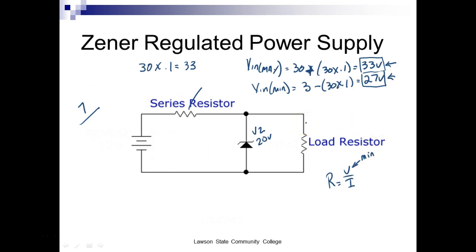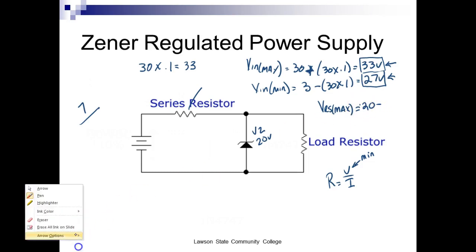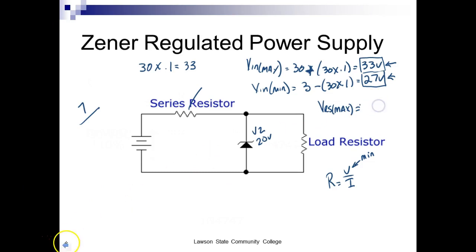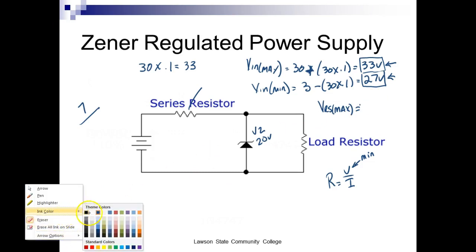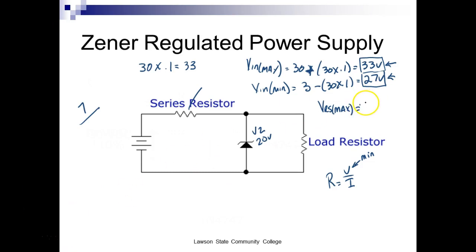But what you've got to understand, so VRS, this is what y'all probably need to do. VRS maximum is going to be equal to what? This is probably another thing you need to get used to calculating.